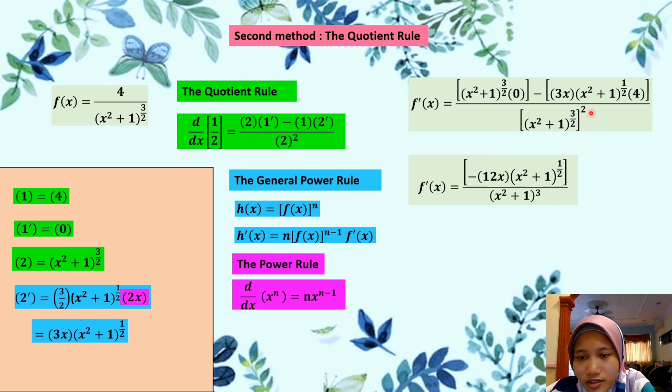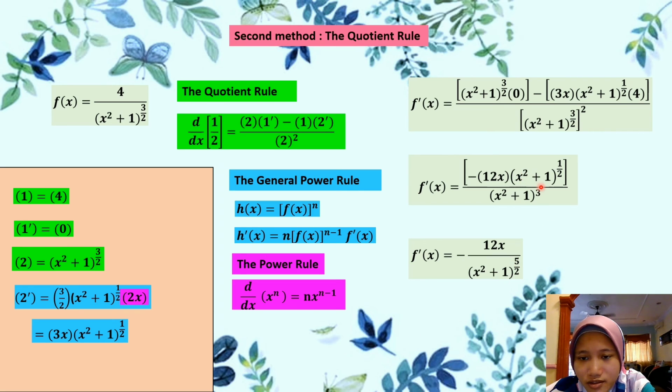3 over 2 times the square equals 3, the cube. Then f prime x equals negative 12x over x squared plus 1 power 5 over 2.